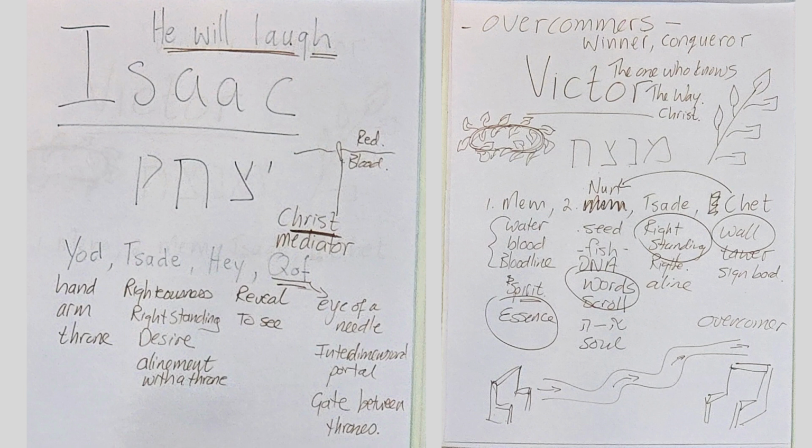The Roman Caesars would also call themselves Victor, also saying, I'm an offspring of the gods, and I know the way to them.